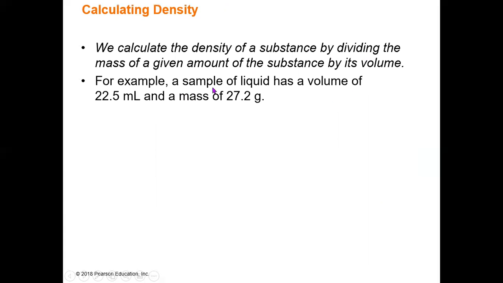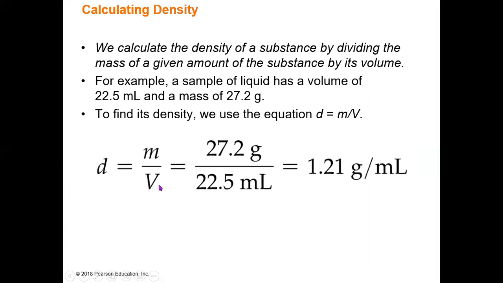For example, if a sample of liquid has a volume of 22.5 milliliter and a mass of 27.2 grams, to find the density we use the equation D equals M over V. M is the mass, V is the volume, and in the given problem the mass is 27.2 grams and the volume is 22.5 milliliters. Therefore, we divide, we keep the unit, and we get 1.21 gram per milliliter.